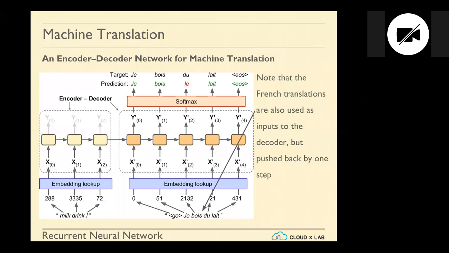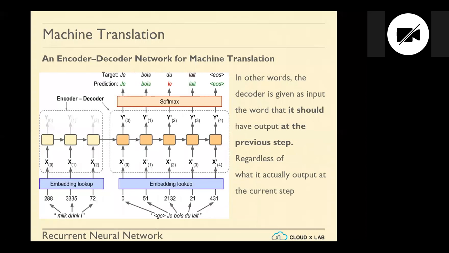Note that the French translations are also used as inputs to the decoder, but pushed back by one step. What does that mean? We are just ignoring one of the words and putting an end of the statement.